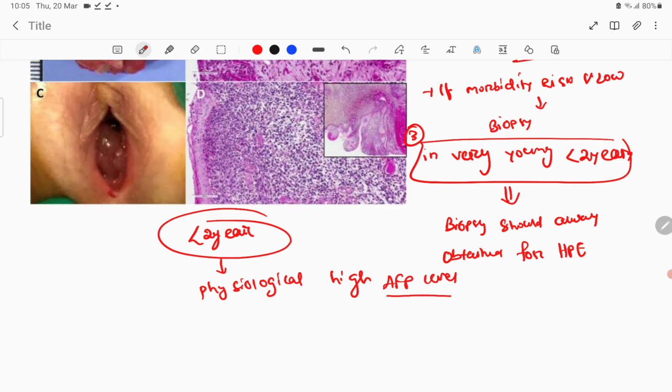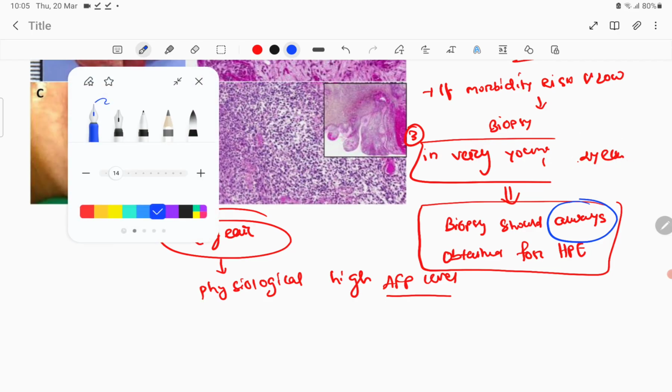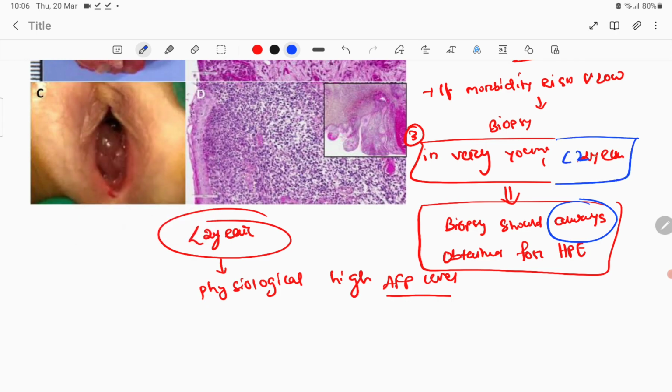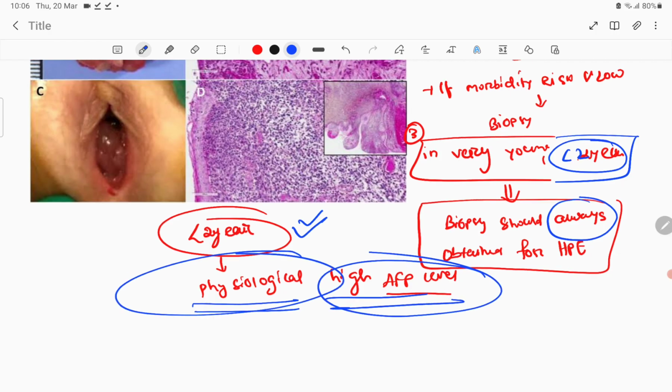So in very young patients, that is less than 2 years, biopsy should always be done. Very important, remember this keyword in the questions. Less than 2 years, always go for a biopsy, because in that age the physiological alpha fetoprotein level will be high.